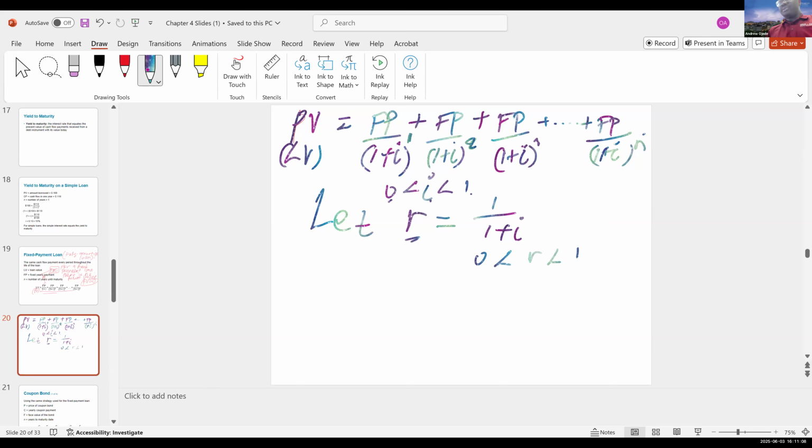You can try it during your free time. If I is 1/2, then 1 divided by 1 plus 1/2 is 2/3. It's still a number between 0 and 1.